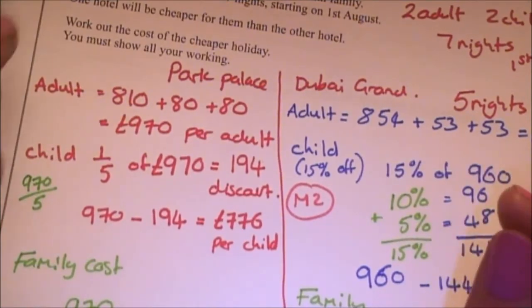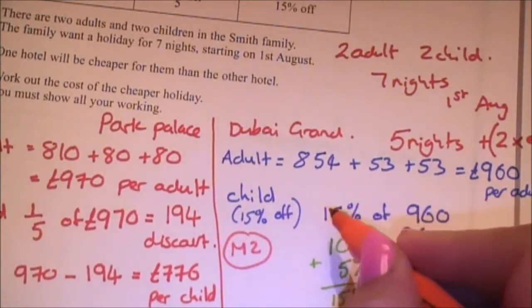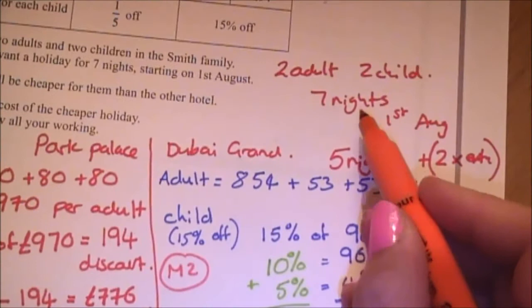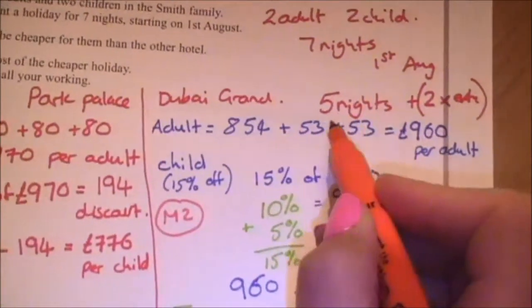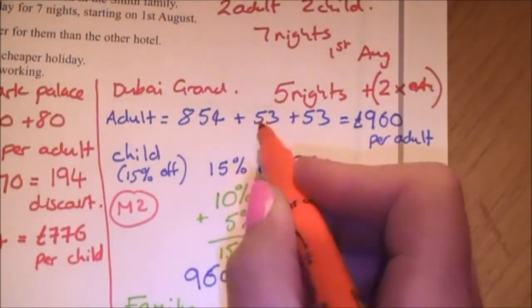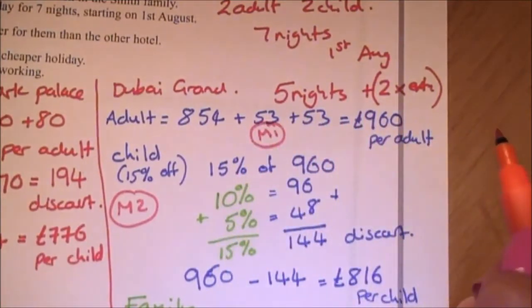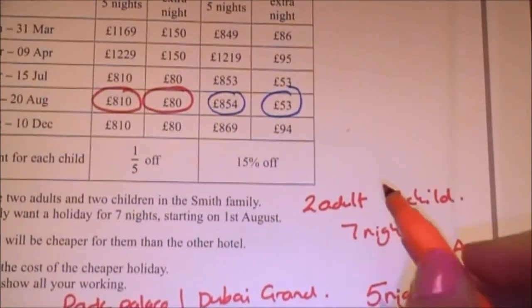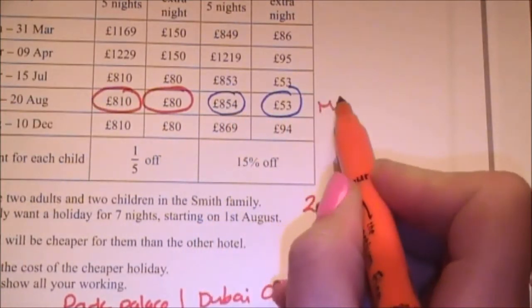And I also get a mark for finding 7 nights. So where did I do that? Here. So I've identified I needed 7 nights, and I've got that by doing 5 nights and 2 others. So there's another method mark there. And I get my final mark for correctly identifying the correct piece of the table.